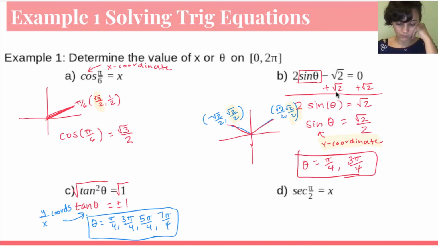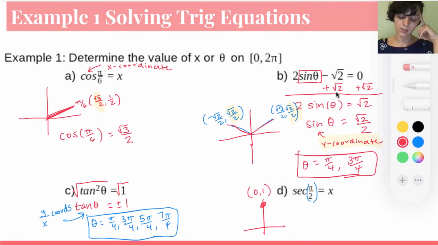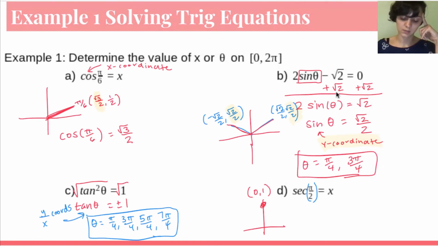Okay, and then one last trig equation. This one I don't have to solve, I just have to figure out what secant of pi over 2 is. So I'm going to do another sketch. Pi over 2 is right here, that point right there, and I know that the coordinate here is 0, 1. What is the trig ratio for secant? It's the reciprocal of cosine.